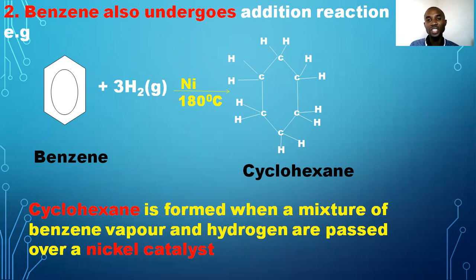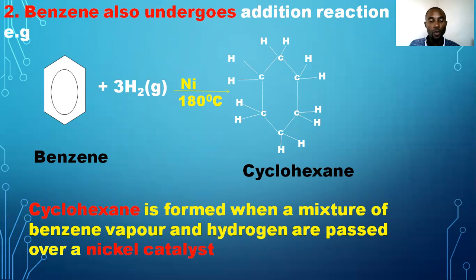Three molecules of hydrogen will attack the double bonds in the benzene structure, and it will turn to cyclohexane, which is an alkane compound. So cyclohexane is formed when a mixture of benzene vapor and hydrogen are passed over a nickel catalyst. It's just about hydrogenation of benzene.